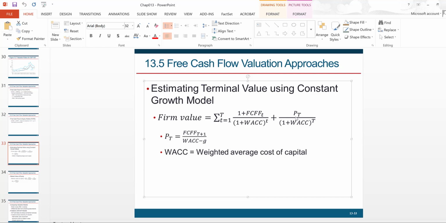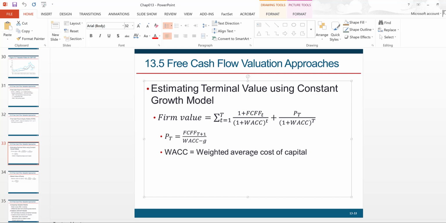In multi-stage growth models, you have the terminal value. You assume that after a certain point you will have a sustainable growth rate, and you arrive at the terminal value using this model here, right? And then you discount that back to the present value. This part here, by the way, is similar to D1 over K minus G, right? Instead of dividend, we have the free cash flow. Instead of K, we have the weighted average cost of capital.